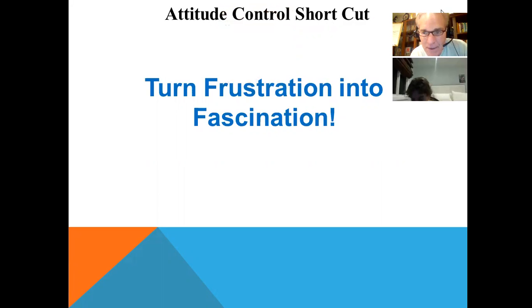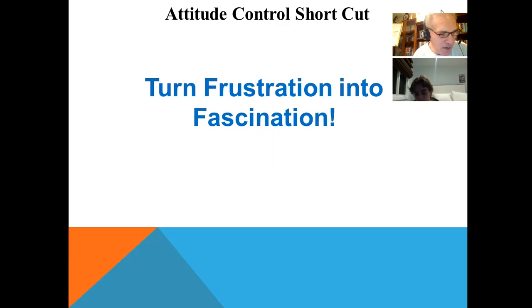Period. Isn't it fascinating? Turn frustration into fascination. And that is the absolute key. If you do that, then all of a sudden you're going to see some really exciting stuff, because it means you will have a buffer so that nobody can make you upset.